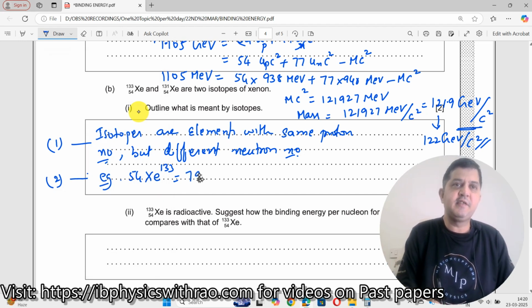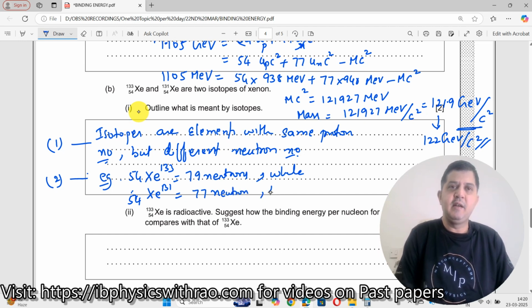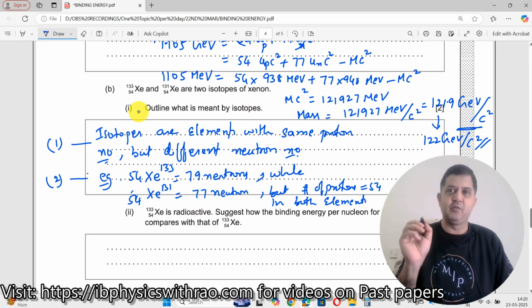Thus 79 neutrons, while 54 xenon 131 has how many neutrons? 2 less, 77 neutrons. But the number of protons is equal to 54 in both elements, and hence they are isotopes.